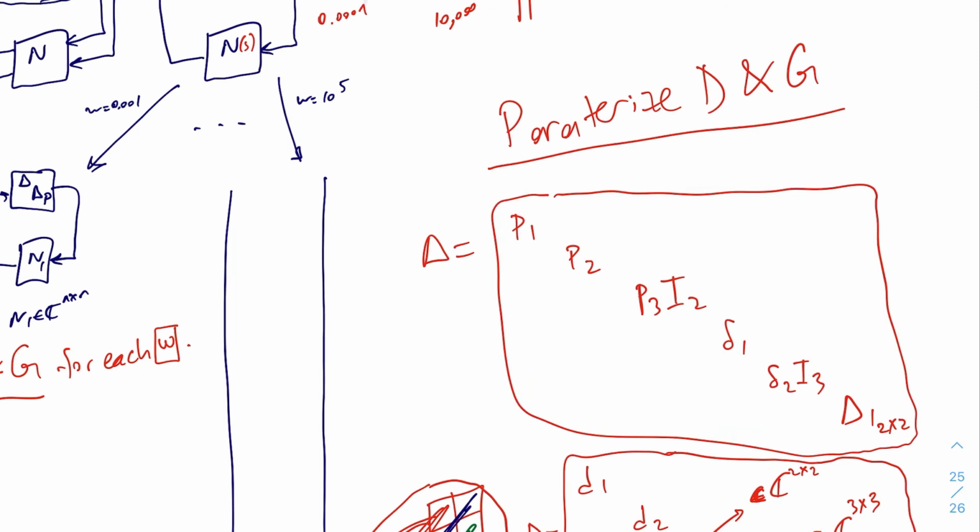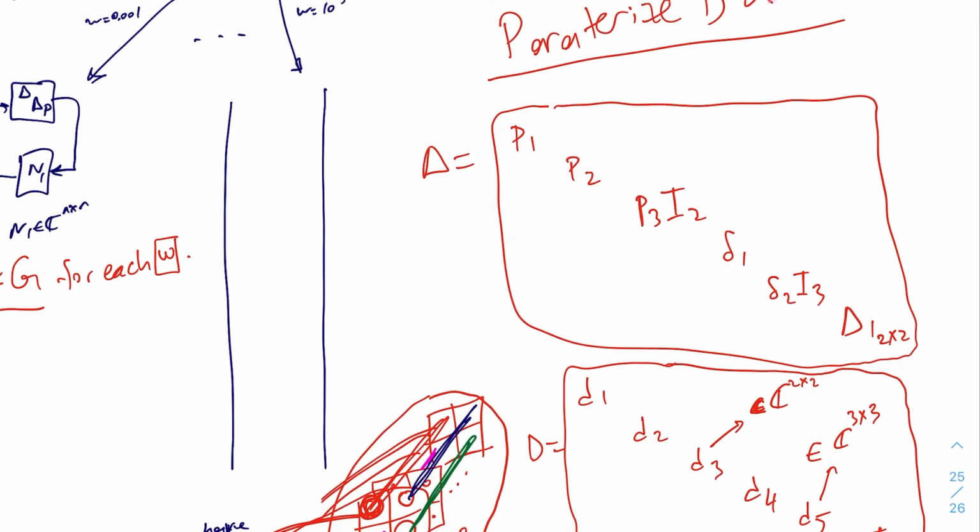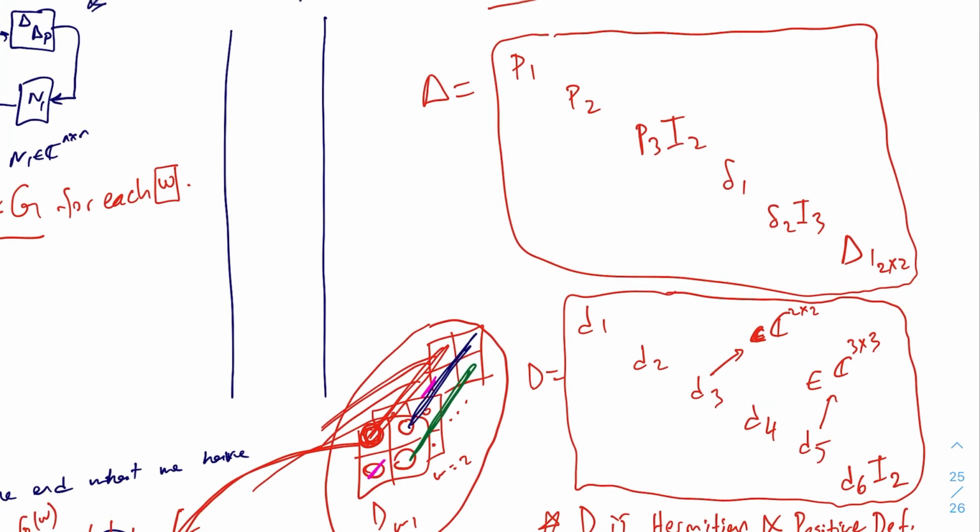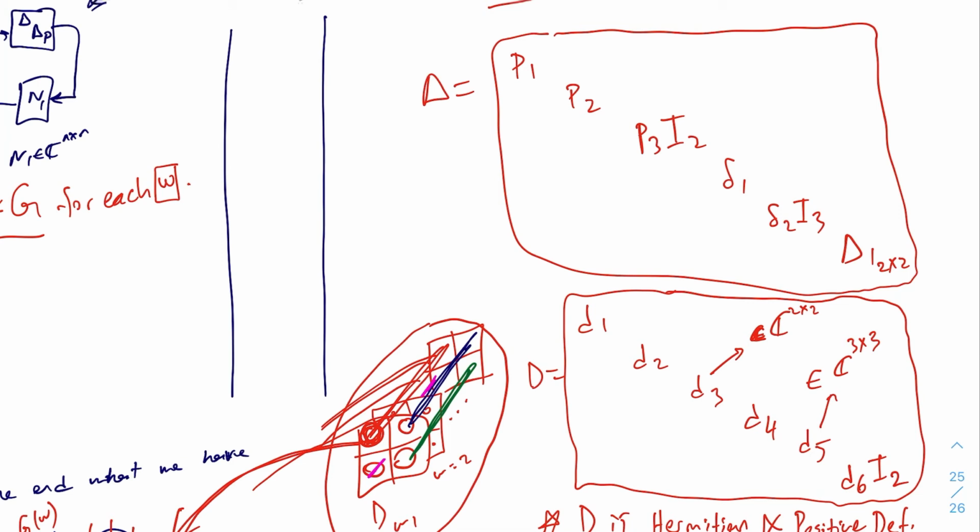Here, P1 is a real number, and again P2 is like that, P3, and delta 1 is a complex number, only scalar. Delta 2 here, but identity, so it's a repeating diagonal form. And again some delta, a full subblock, complex.